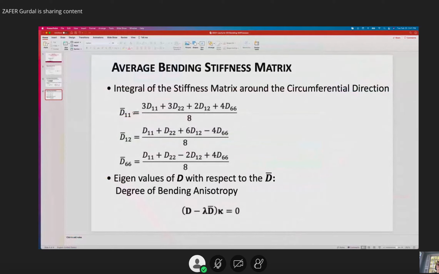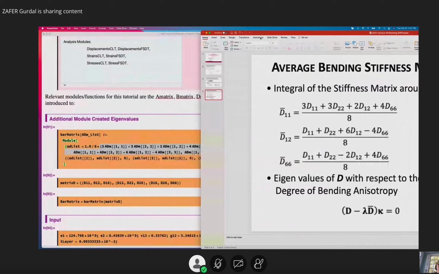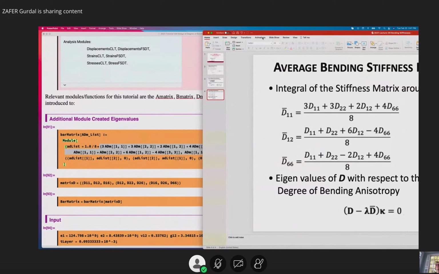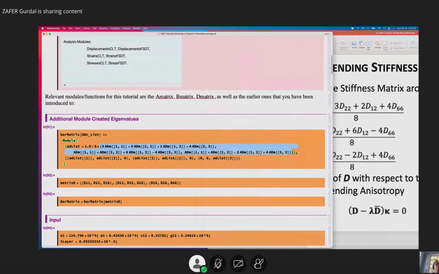These equations here, D11, 12, S66, it's 3 times A, 3 times D, 2 times A, or D, 4 times D. So basically these 4 equations are coded into this function called bar matrix.